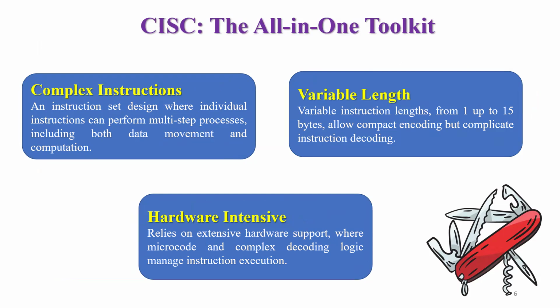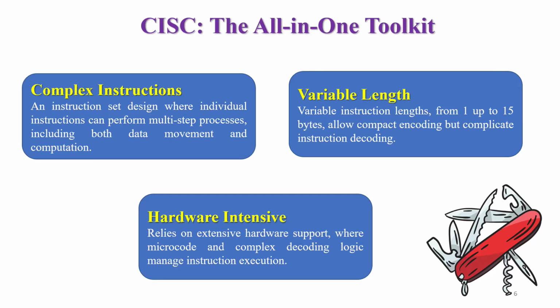It has three characteristics. Complex instructions: one instruction may do multiple things like fetching from memory, performing arithmetic, and writing back. Variable length: instructions can be anywhere from 1 to 15 bytes, and this saves memory space but makes decoding very complex.